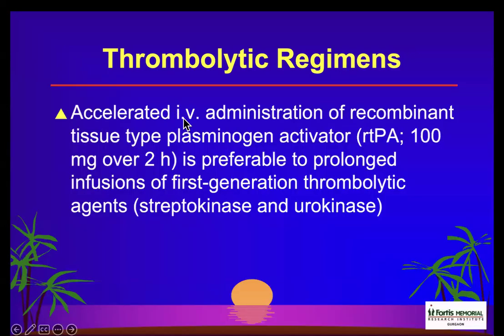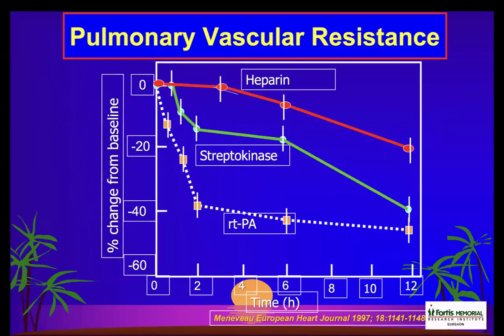Currently the accelerated IV administration, that is rapid administration of recombinant tissue-type plasminogen activator, the rtPA, is preferred to prolonged infusion of first-generation thrombolytic agents like streptokinase and urokinase. So streptokinase has to be infused over 24 hours, which is the traditional one, but accelerated IV administration of rtPA is the current modality of choice. Now, why do we prefer rtPA?